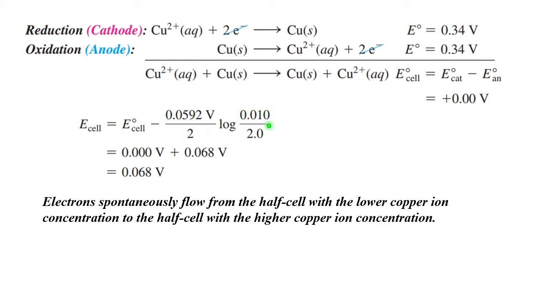Log, you have two different concentrations. Because these concentrations are different, the log of this ratio is not 0, and it can be calculated. Electrons spontaneously flow from the half cell with lower copper ion concentration to the half cell with higher copper ion concentration.